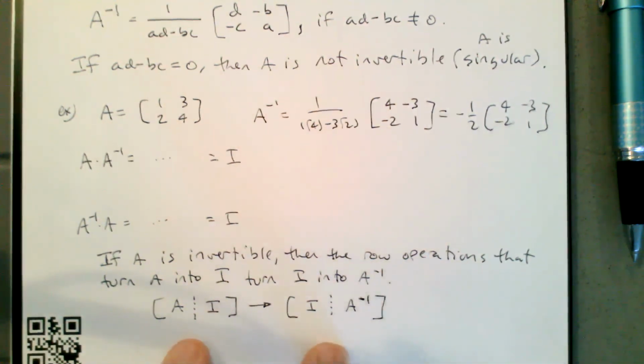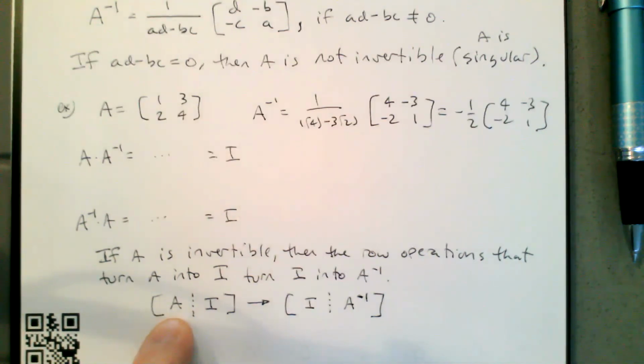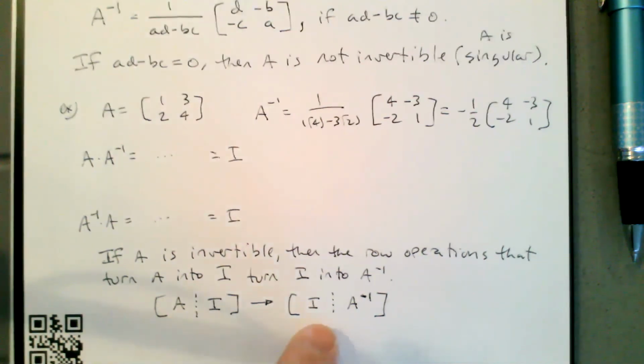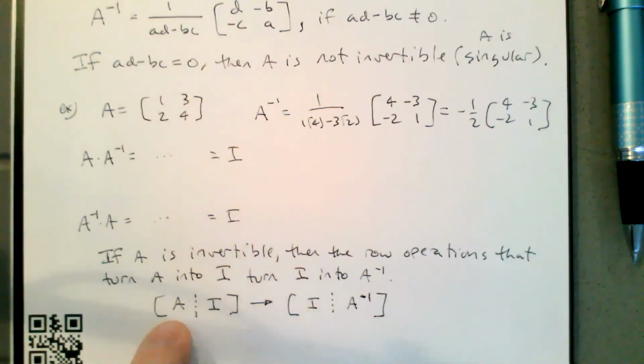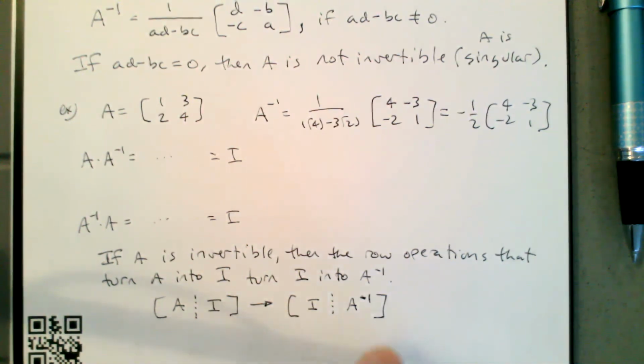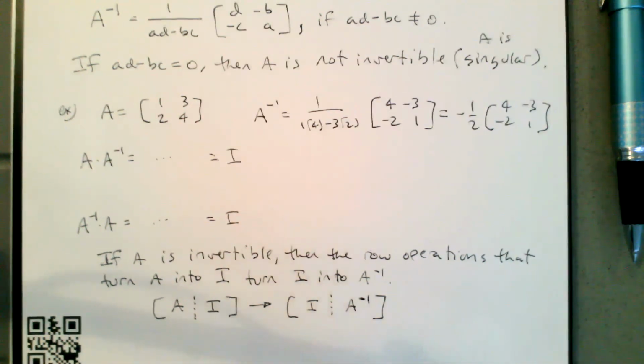So an invertible matrix is row equivalent to the identity matrix, and the row operations that turn the invertible matrix A into the identity matrix will turn the identity matrix into the inverse.